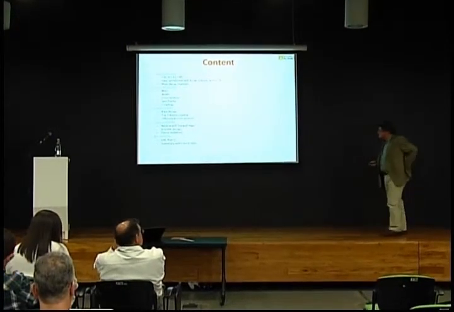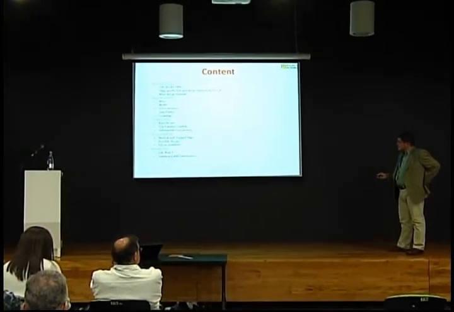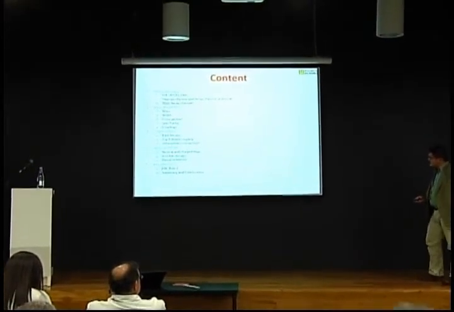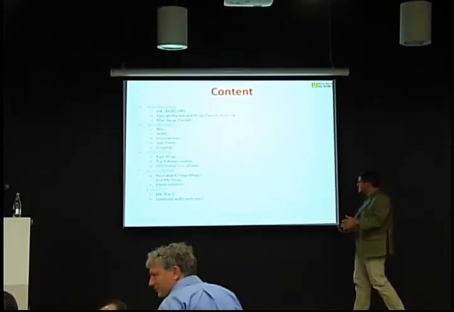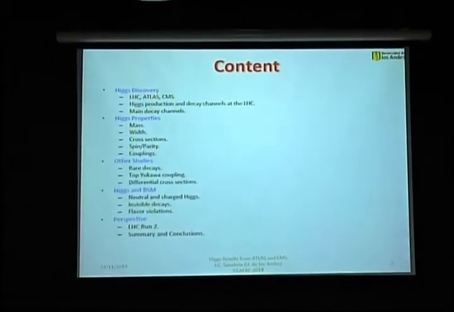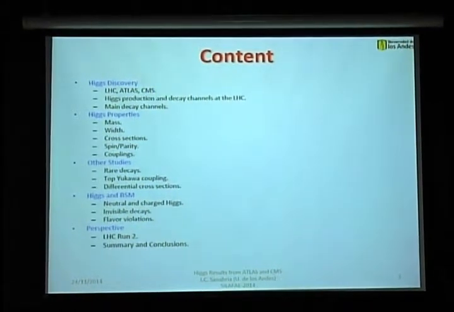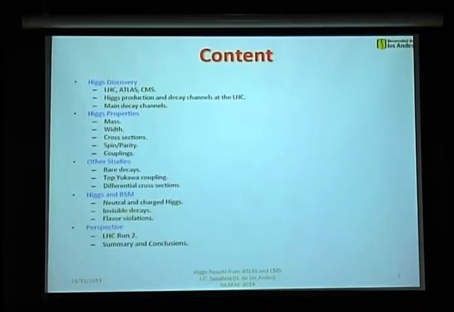And then I will talk about the physics beyond the standard model that we can hope to see through the Higgs sector of the standard model, now that we do have a Higgs sector in the standard model. And finally, I will briefly mention some perspectives about what we should expect in the second round of the LHC, and conclude.